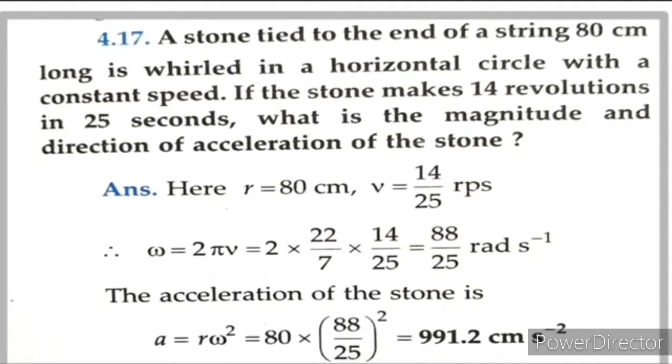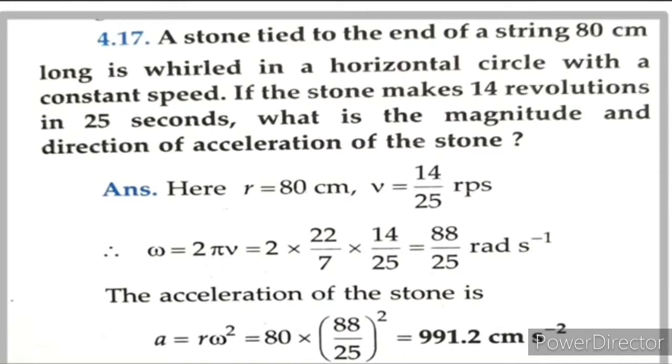So a simple example is given, a stone is tied to the string. So string length is given. That length of the string comes as what? Radius. You can imagine the activity which is given. A stone is tied to a string and it is whirled. So the length of the string comes as the radius of the circular path.